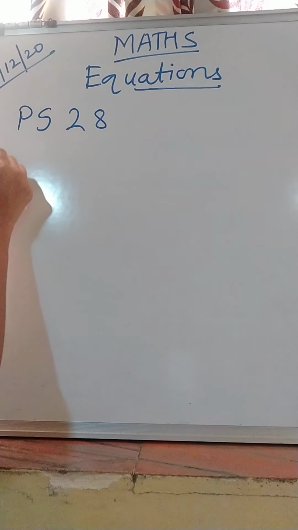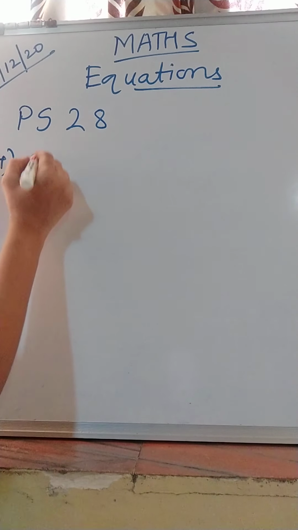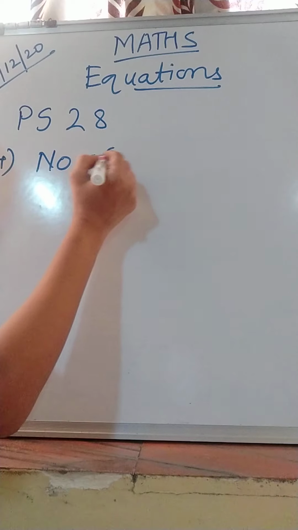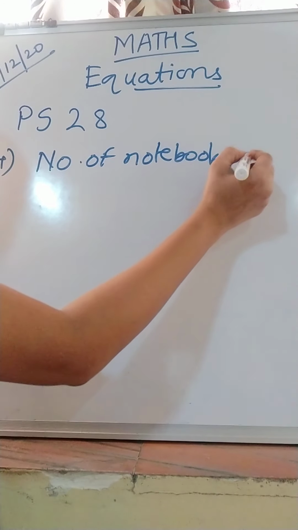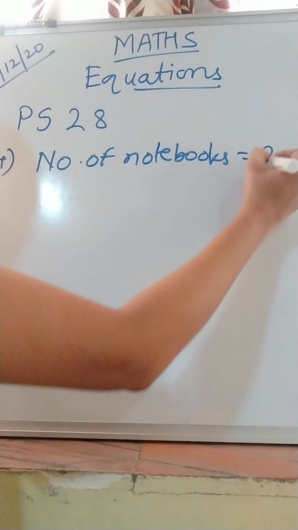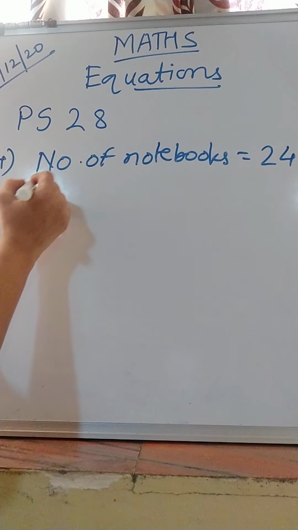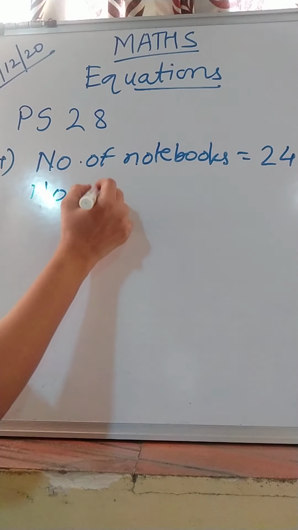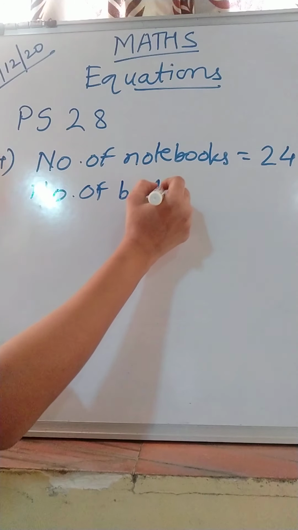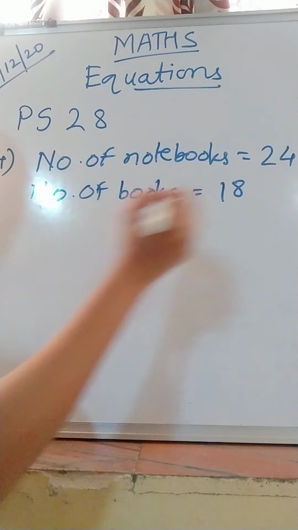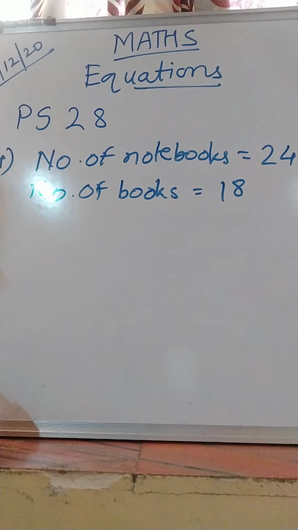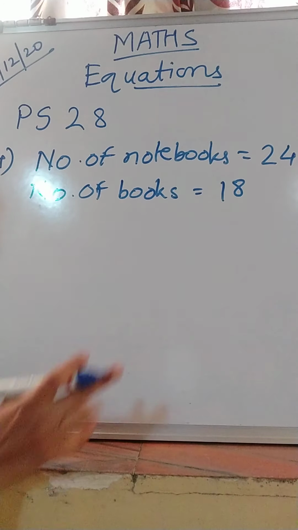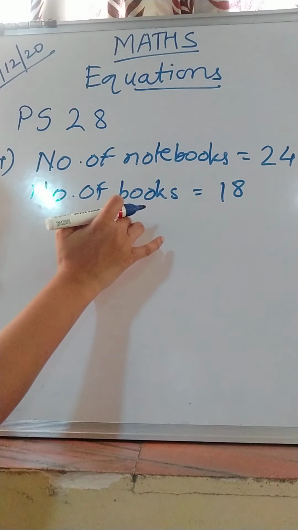Now see, number of notebooks, 24, and number of books, 18. Right? Now see what they said, ratio of notebook to books.